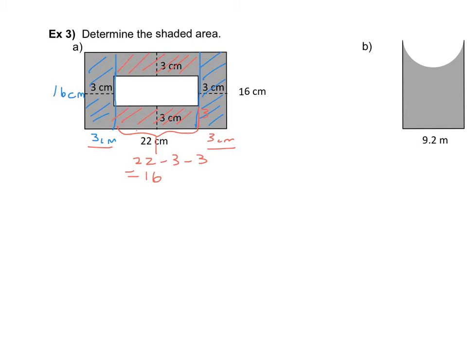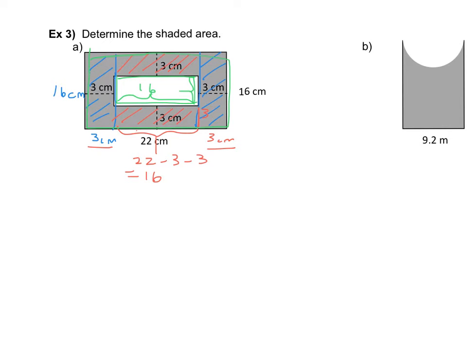Another option is that you could look at it as one entire rectangle. So one big rectangle, that's 22 by 16, and then take away the little rectangle in the center here. And that little rectangle in the center, we already figured out this length inside is 16. We would still need to figure out this length of that little inner rectangle there.